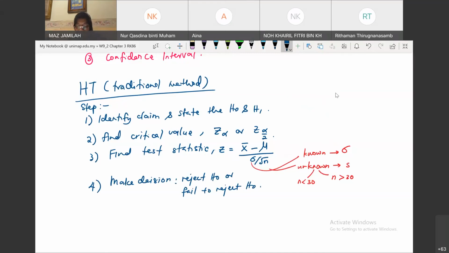That is a fixed decision that you need to make. And last but not least, make a conclusion.